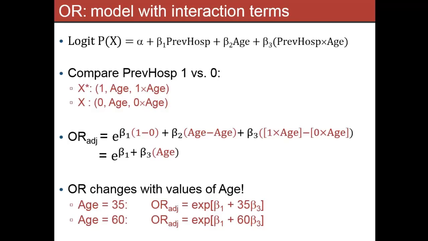Well, the way you do that in logistic regression is through things like this, where you have an expression that gives you a different odds ratio according to different values of this other extraneous factor. So imagine if you had a stratified analysis with a 35-year-olds table and a 60-year-olds table, you would get two different answers. Well, this is how you get the two different answers in logistic regression. It's using these product terms.